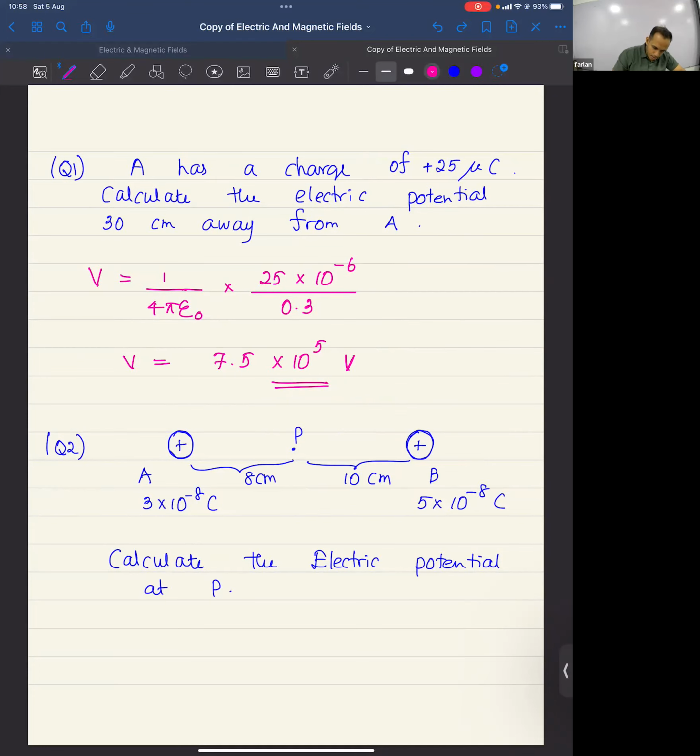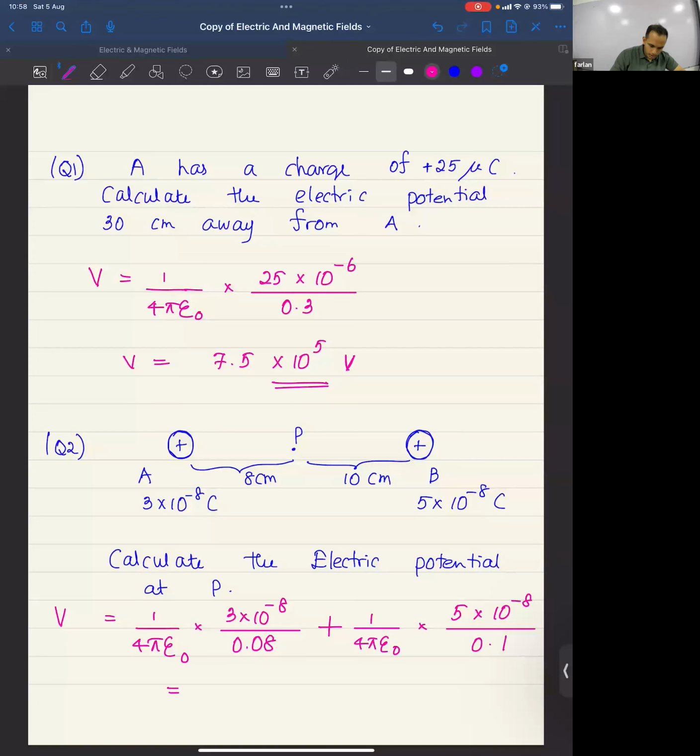The electric potential at P will be V equals 1/4 pi epsilon naught Q over R, which is 3 into 10 to the power minus 8 over R, which is 8 centimeters, 0.08 meters, plus 1/4 pi epsilon naught Q, which is 5 into 10 to the power minus 8, over R, which is 10 centimeters, 0.1 meters.